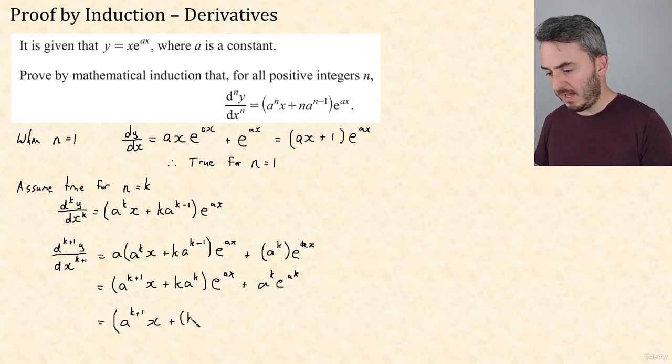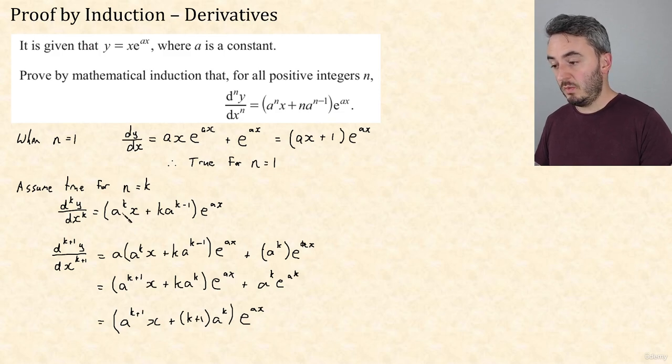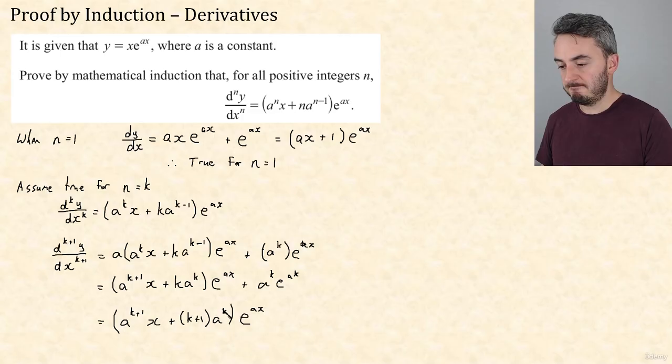Well, I've got k plus 1 of them. That's how many a to the k's we have, and all of that times e to the ax. And we're done, because look, we have precisely this, but each k is replaced with a k plus 1. That k is k plus 1, that k is k plus 1, and this k minus 1 is now k.